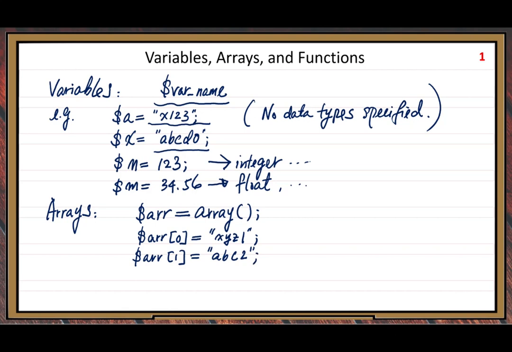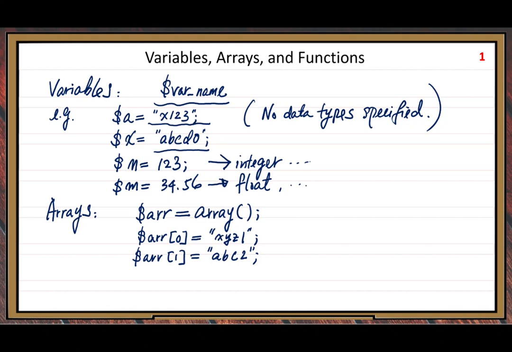You can use this way to assign several initial values to the array elements, although you can also use a for loop, just like we do in other programming languages.